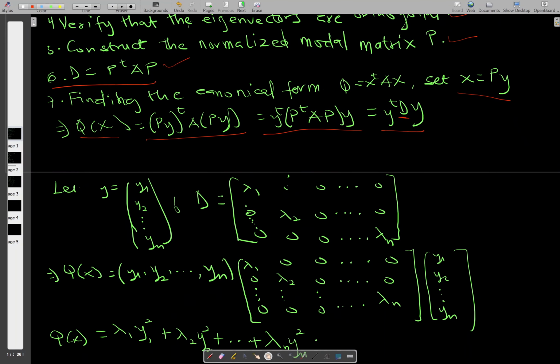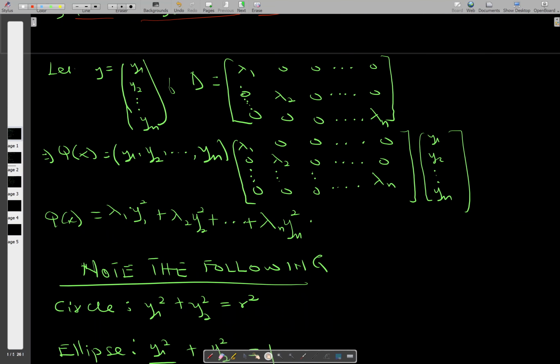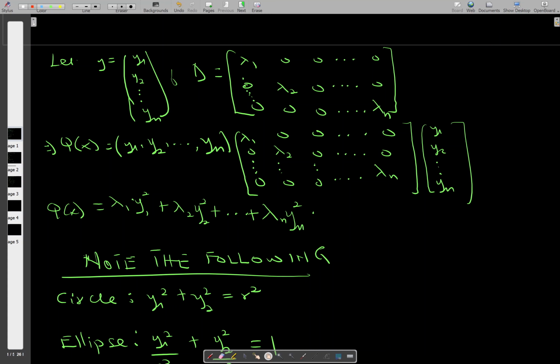We let y be any vector of finite dimension, so you have y equals y1 up to yn.